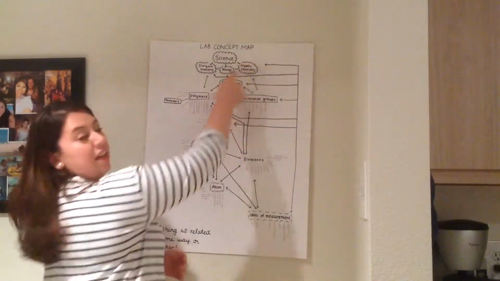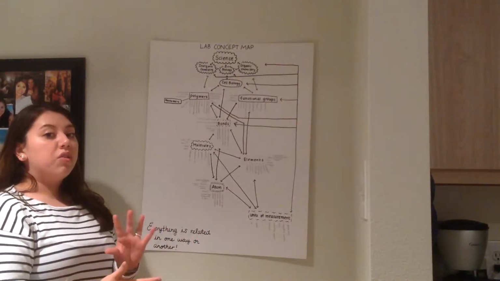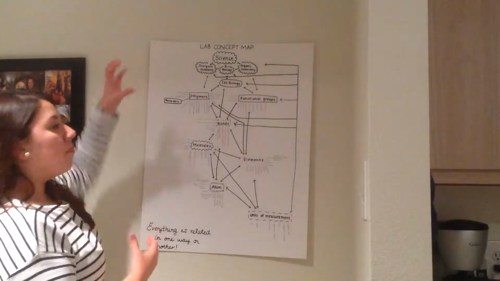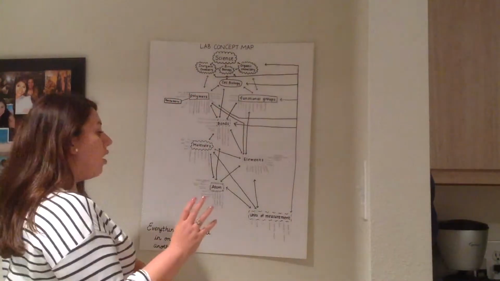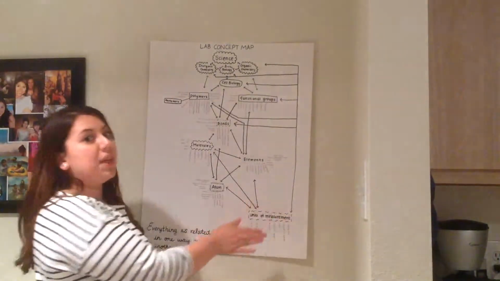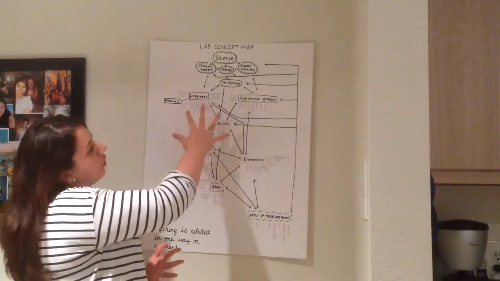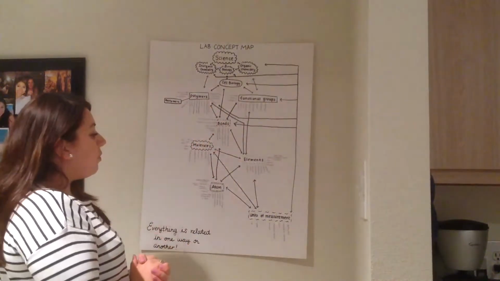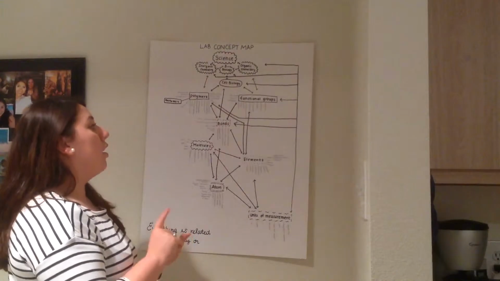So the way I organized all of this is basically the bigger umbrella to the smallest umbrella, except for units of measurement, which I left at the bottom, just because, like I stated, it's not directly related to all of this. But other than that, it should go by size and relevance.